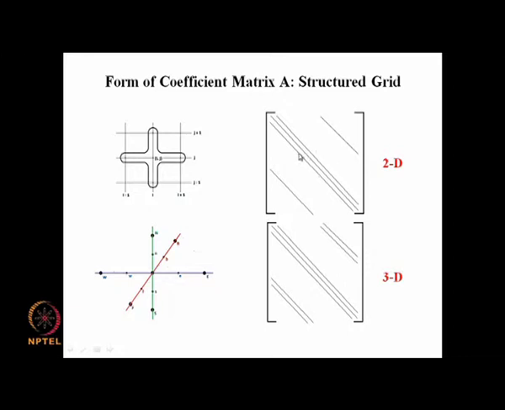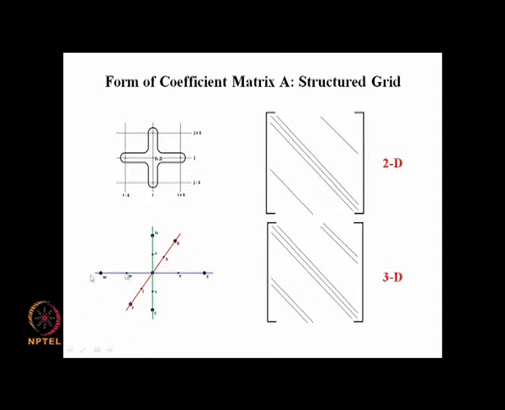So, that is the type of thing that we have for all interior points. So, all the non-zero points lie along the main diagonal and the immediate higher diagonal and the immediate lower diagonal, and then there will be lots of zeros here, and then you have a non-zero diagonal and then 0 diagonals like this.